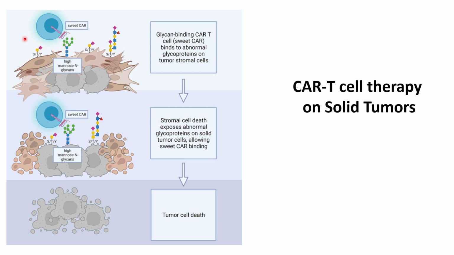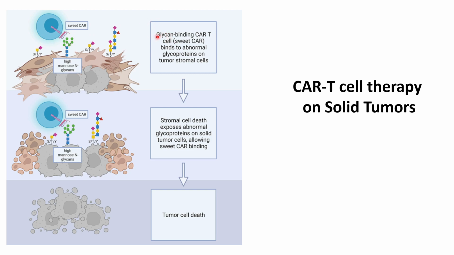So in order to deal with those deficiencies, researchers have identified a strategy to target the abnormal glycans that are exposed on the cancer cells, in other words, the unique glycans that are exposed only on the cancerous cells but not on the healthy cells.